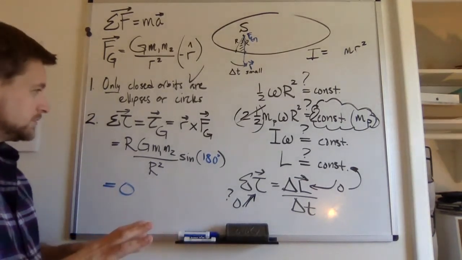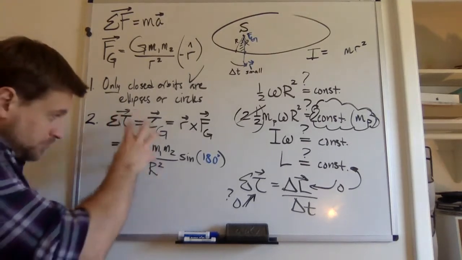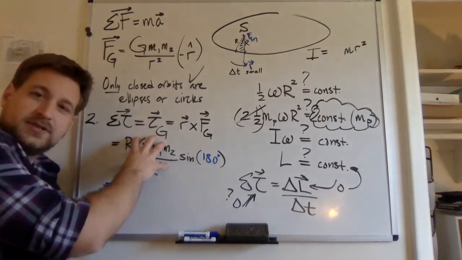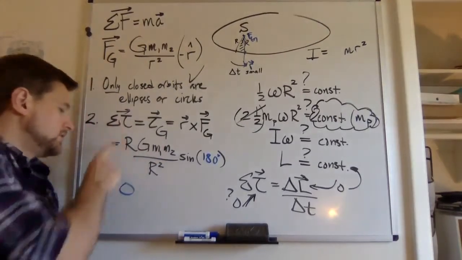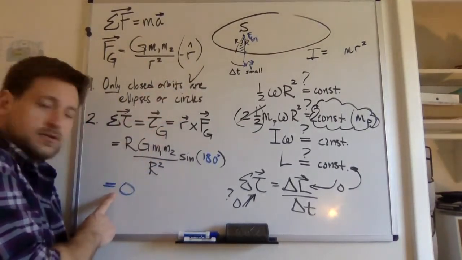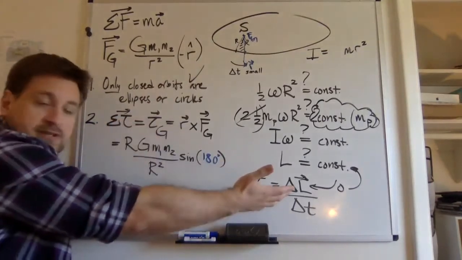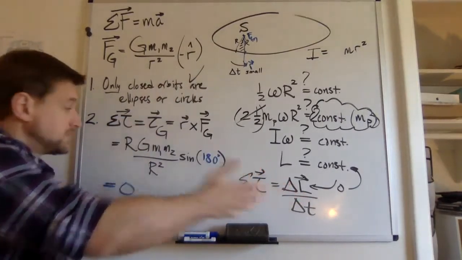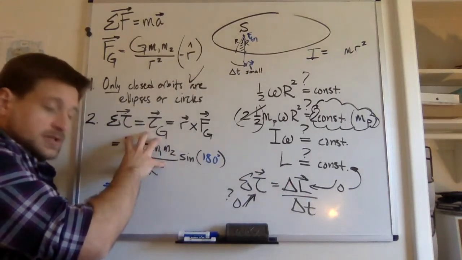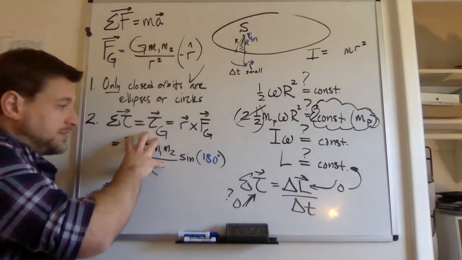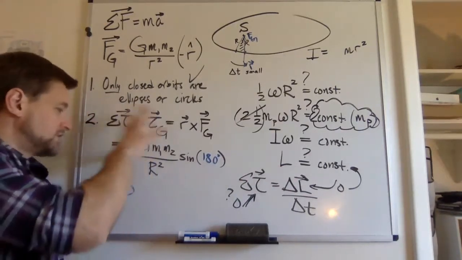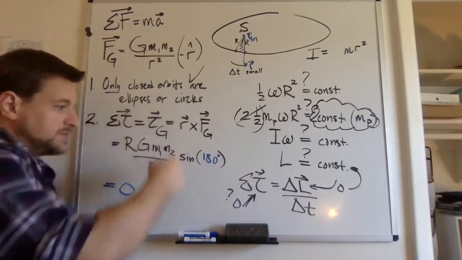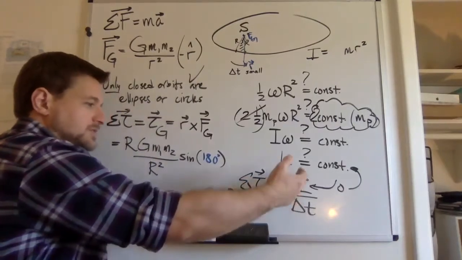So we have leveraged Newton's law of gravitation to show that the torque on the object is 0. And again, the torque is just Newton's second law for rotation. So here we've got Newton's law of gravitation and Newton's law of motion. Put them together, we can show that the torque is 0, which means that the momentum can't have changed.